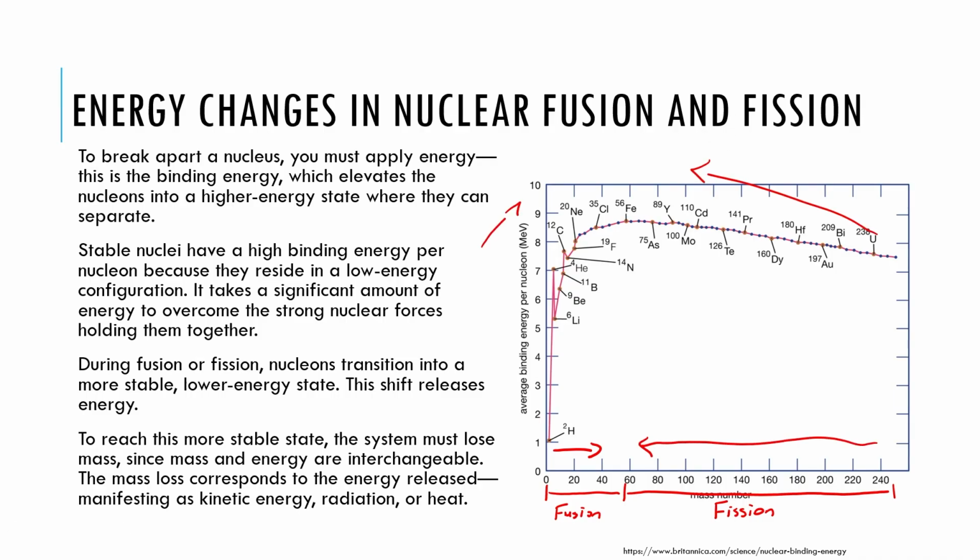In both instances, we're seeing binding energy increase. Whether we're talking about fusion or fission, nucleons are forming new nuclei which have higher binding energy per nucleon. As such, they are entering more low energy stable states and thus have to release energy in the process to achieve this. Thus the mass defect, thus the big release of energy.